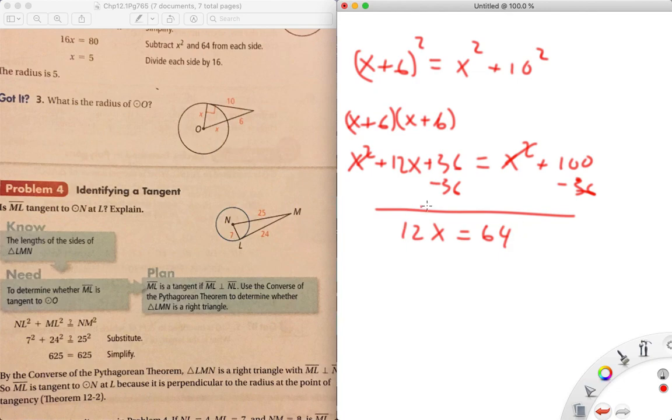Divide that by 12. And then we get x is 5.3 bar. And that would be our radius. So radius is 5.3 bar.